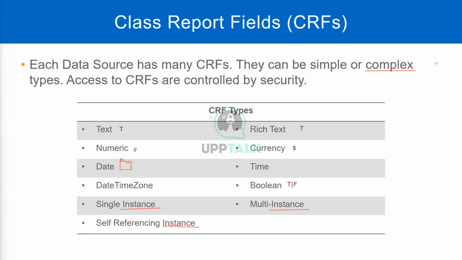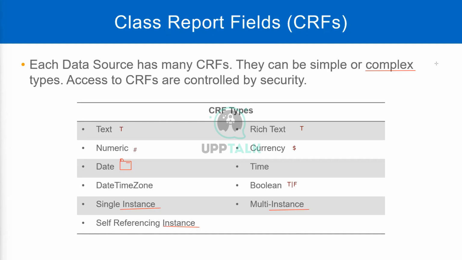Now think about the first line manager. Is it a single instance or a multi-instance? It may be multi if, in the security profile, you make the role multi-assignment, but typically your direct manager is a single instance.